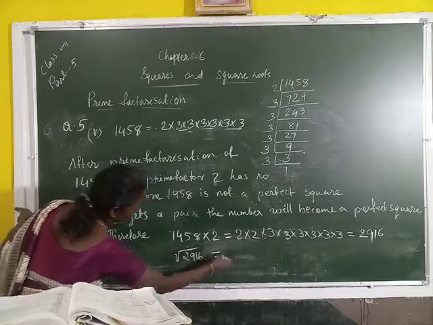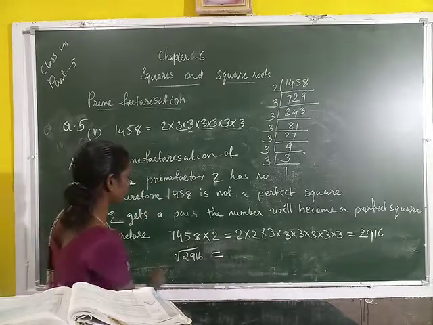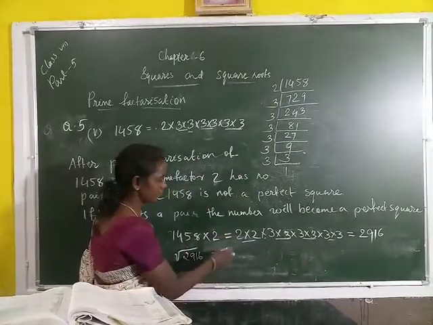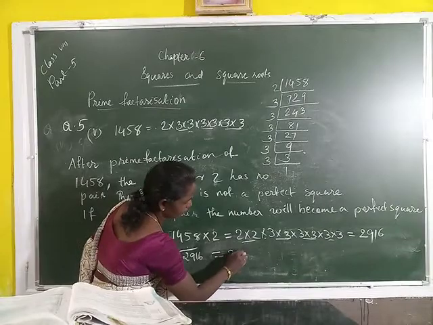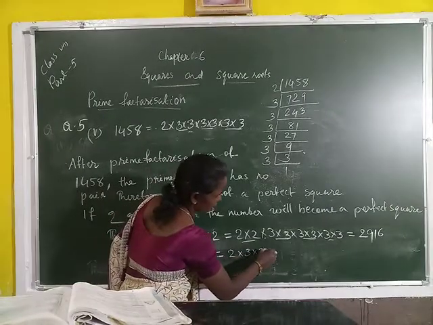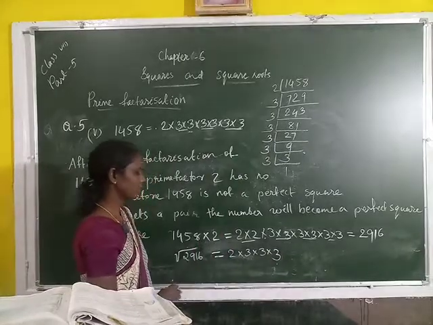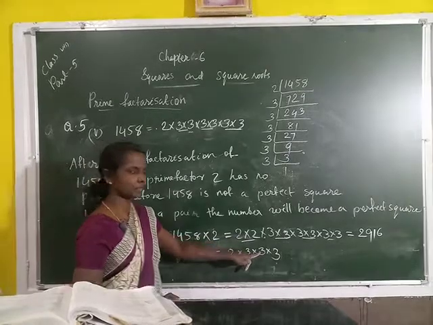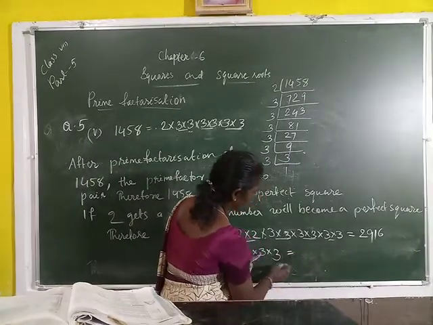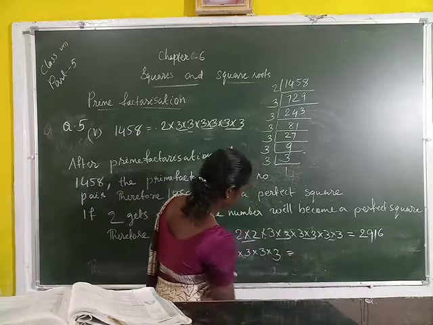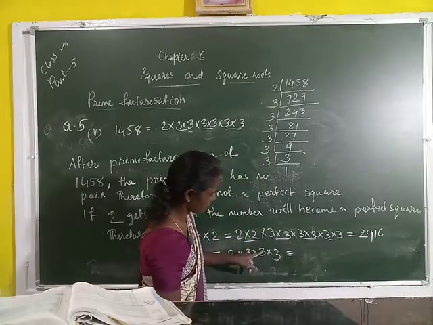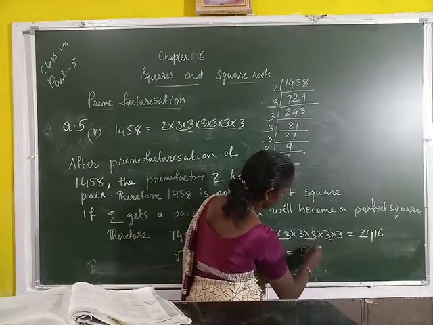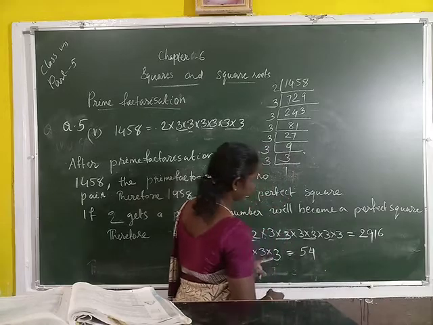Root of 2916 is equal to, we can write, make it pairs. From each pair we take one factor. 2 into 3 into 3 into 3. Then what is the answer? 2 3s are 6, 6 3s are 18, 18 3s are 54.